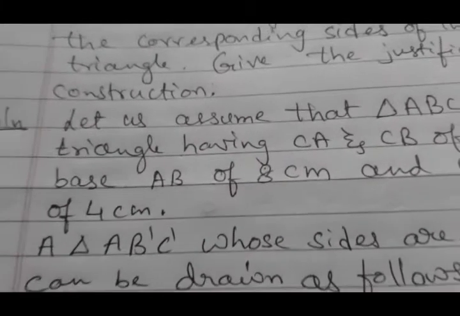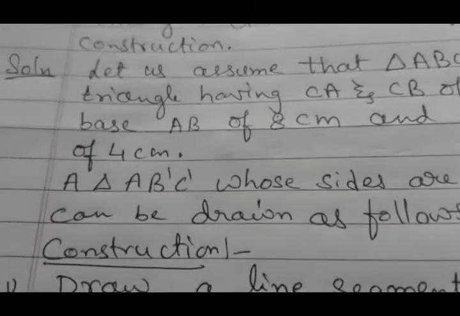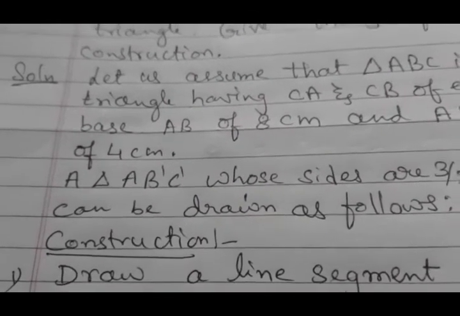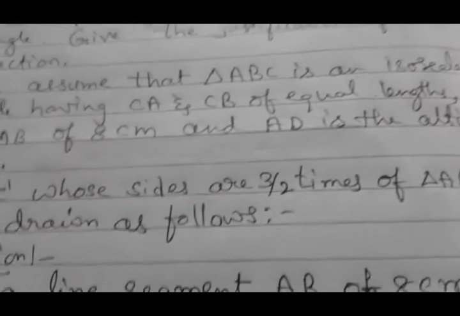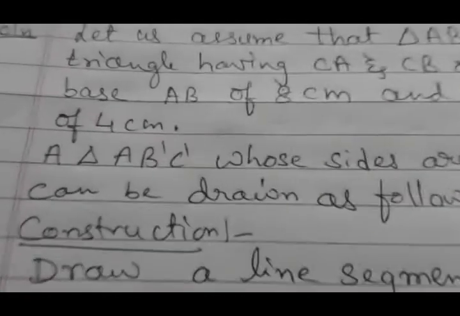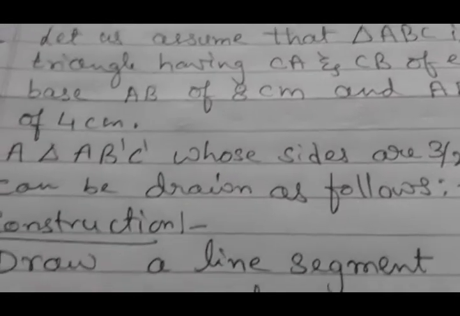What is given? This is given, and we have to draw a triangle AB dash C dash whose sides are 3 by 2 times triangle ABC, which can be drawn as follows. For this, the construction is given.